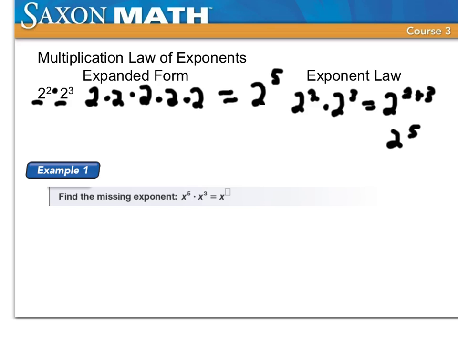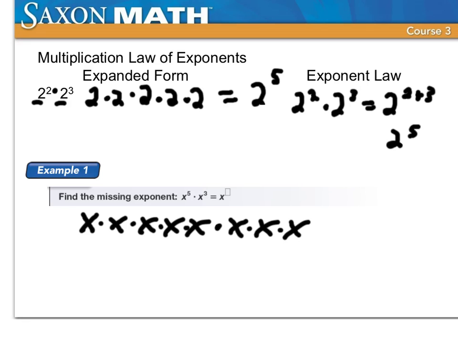Let's look at example 1 down here. Example 1 says find the missing exponent. We can do this one of two ways. We can multiply this all out, so I've got x to the 5th power, that means x times x times x times x times x, and I'm multiplying that by x to the third. My base is x, and then my exponent is how many of them are there? There's 1, 2, 3, 4, 5, 6, 7, 8.